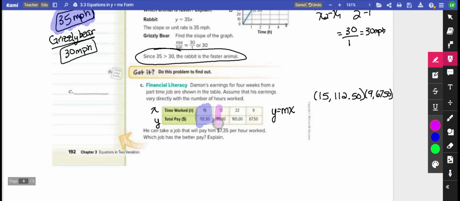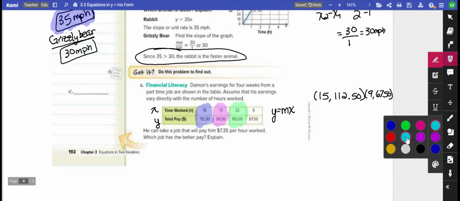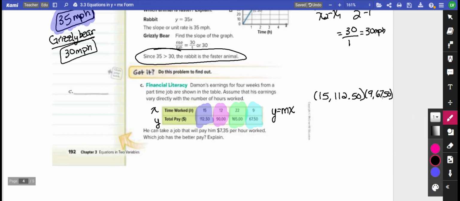There are 4 different ones to pick from. I happen to pick the smallest one of 9 comma 67.50, and then the second largest one of 15 comma 112.50.